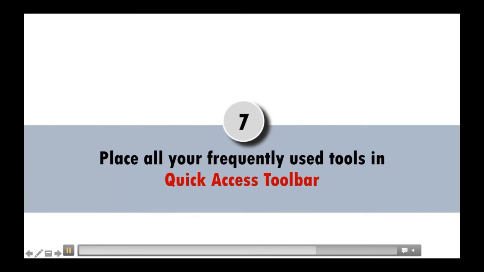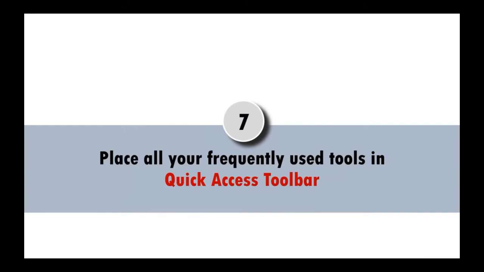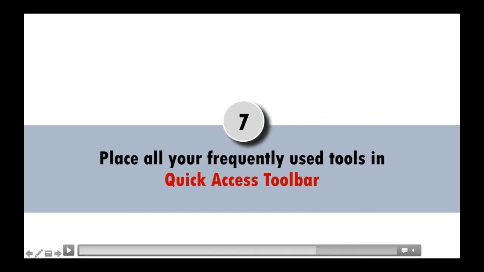The next one is the quick access toolbar. Normally, you repeatedly use some options and you want them in front of you. How can you place all your frequently used tools in the quick access toolbar? As you know, in all Microsoft Office family software there are tabs, and inside the tabs there are ribbons, and every tab has its related ribbons.